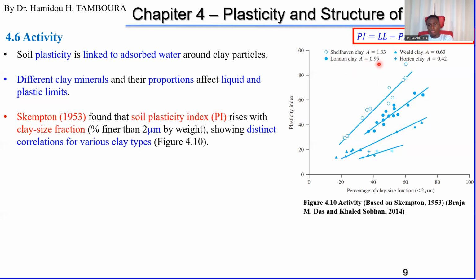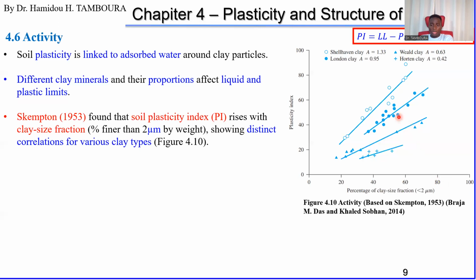This one is this type of clay. So the correlation is changing. You can see that they don't have the same slope. But still, when the percentage of clay size fraction is increasing, the plasticity index also is increasing.